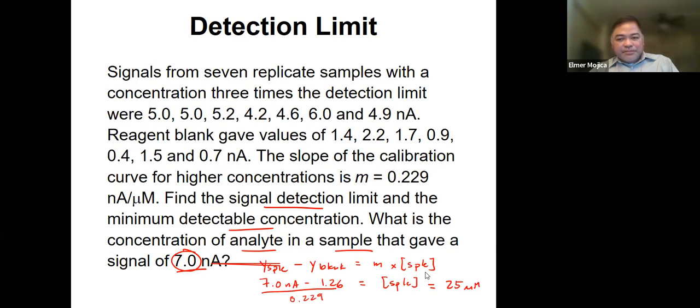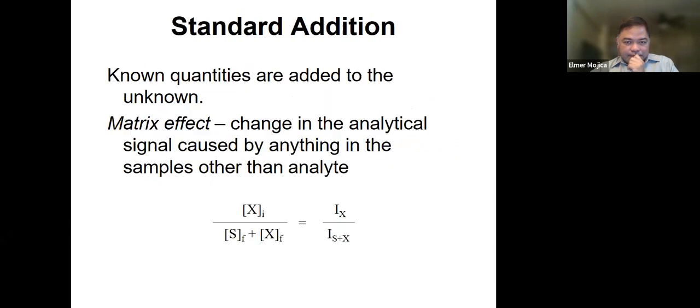So question. Before we go on to another problem, but not detection limit. The next that we have is on standard addition. So in the standard addition, as discussed last time, you do this when you have this so-called matrix effect. Okay?